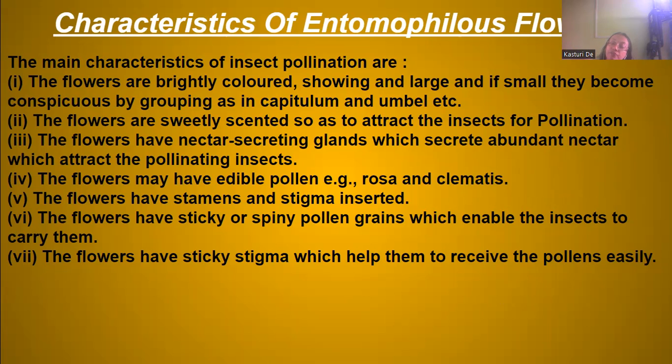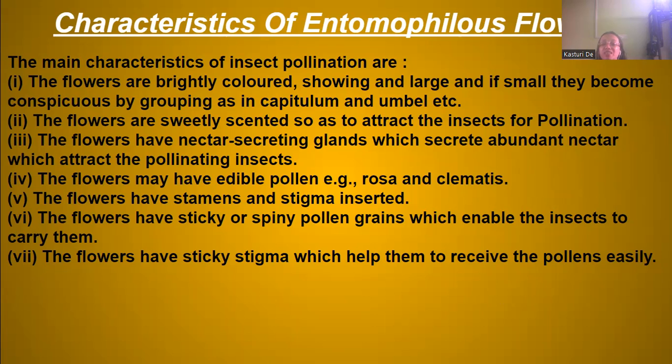The flowers have stamens and stigma which are inserted. The insect goes inside the flower, and while taking the nectar, its body is brushed by the anthers of the stamens. When it goes to another flower to take nectar, it brushes its body on the stigma, where the pollen is transferred.